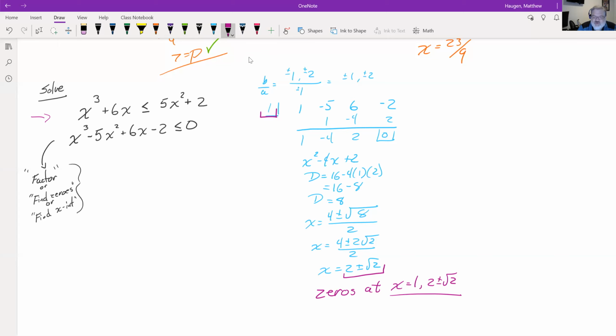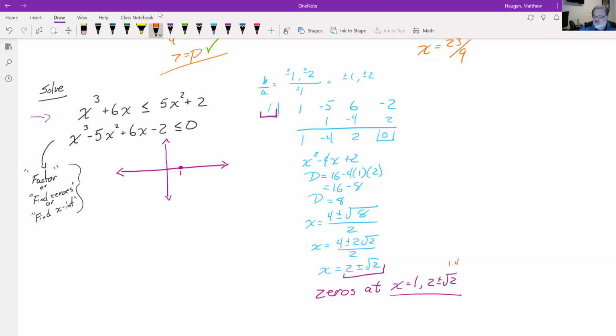And there's a couple different ways we could go about finding those. But the nicest one for us right now, I think, is to look at this thing's graph. Because we know what this graph looks like, whether we know it or not. We know it has an x-intercept at 1. We know it has an x-intercept at 2 plus the square root of 2. Square root of 2 is roughly 1.4.